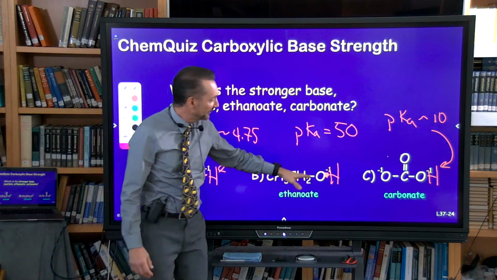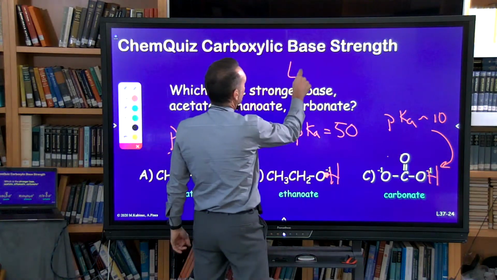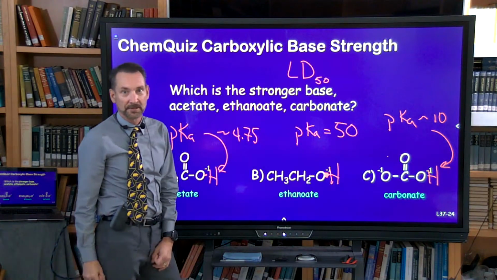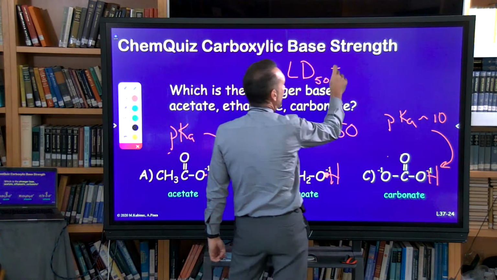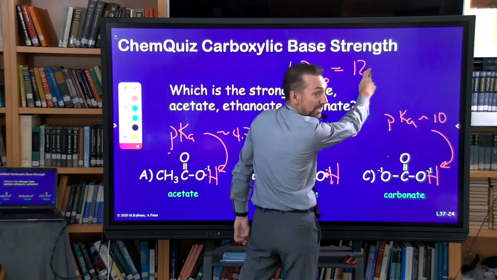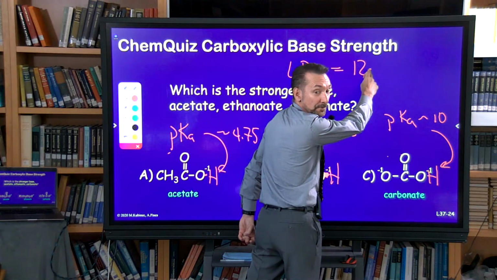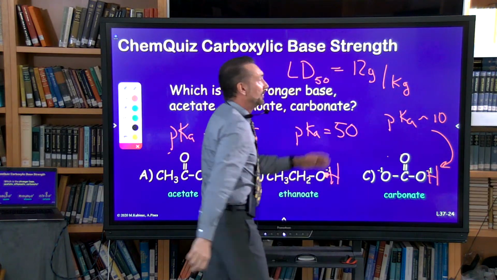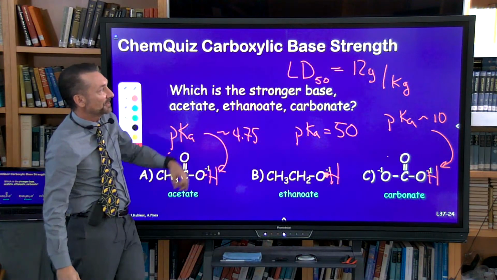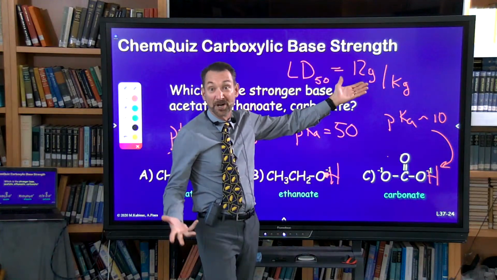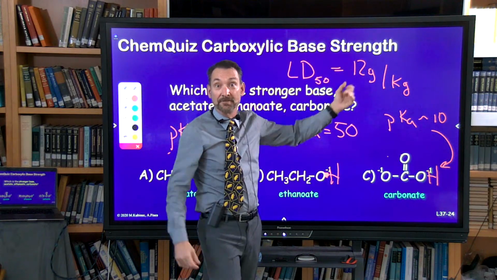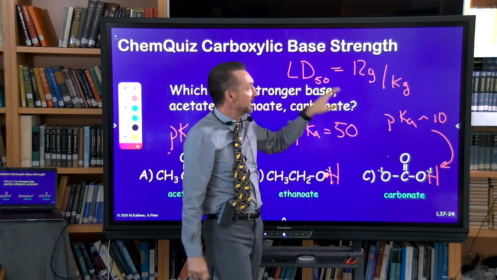In case you can't hear me, LD50 is a poison ranking. The LD50 for ethanol is 12 grams per kilogram. So with a density of around 1, 12 milliliters of pure alcohol is the LD50.